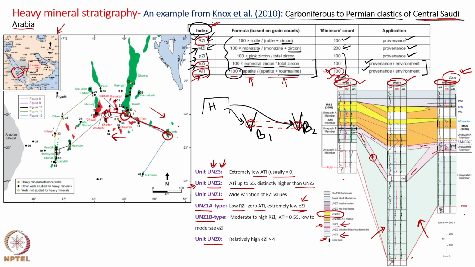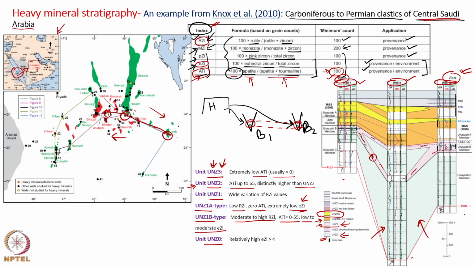So basically these indices were calculated and then based on their low, 0 or high amounts they have been classified. Unit UNZ1B is given by this color and it is characterized by moderate to high RZI, ATI varying from 0 to 55 and it has low to moderate EZI.